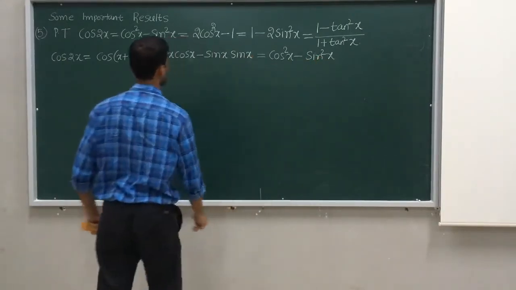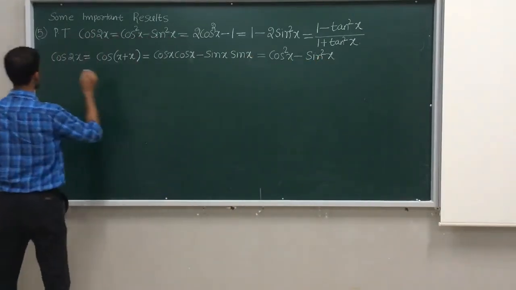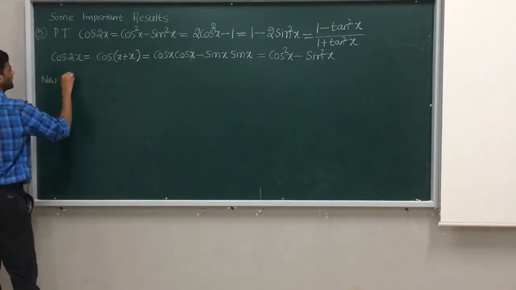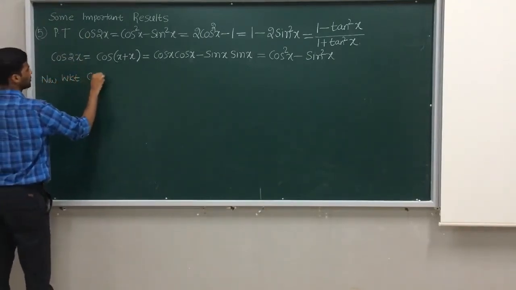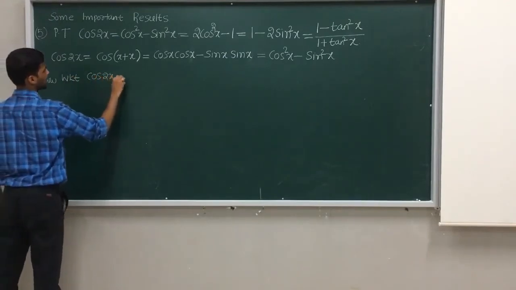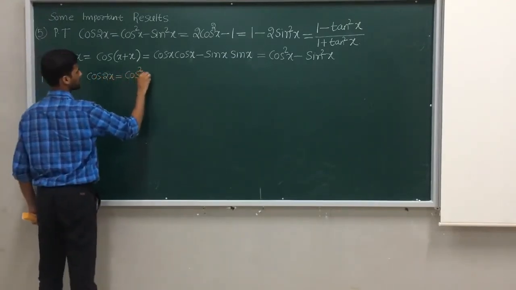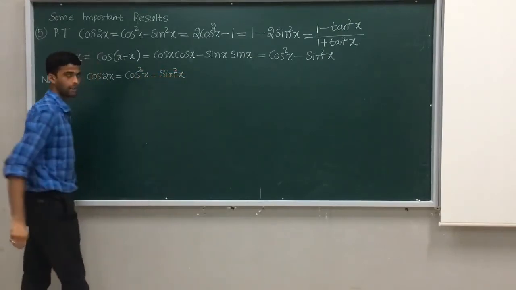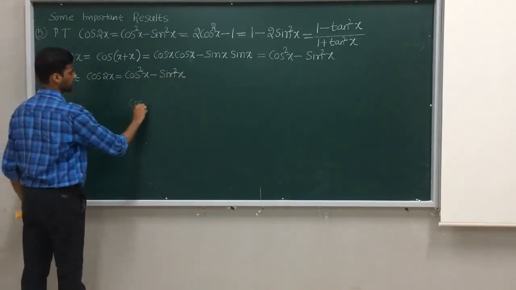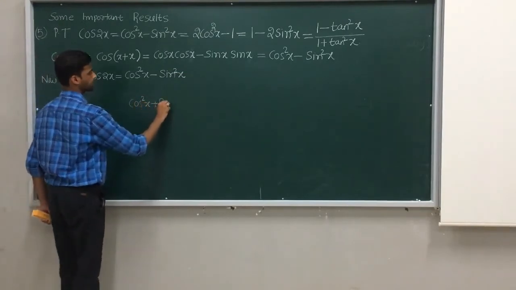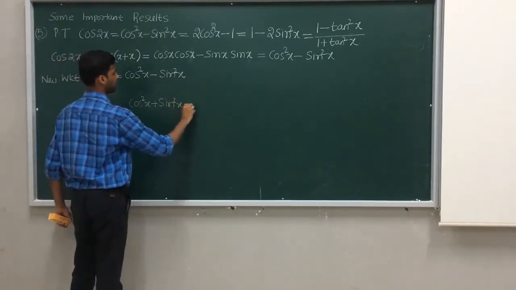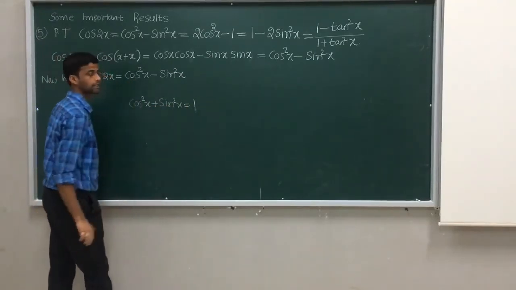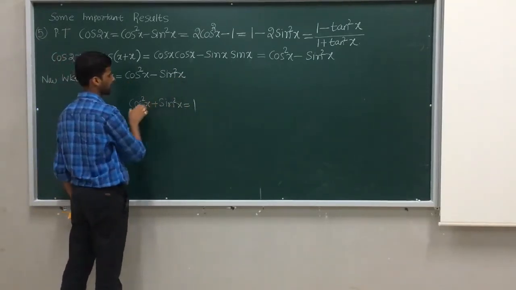Now, this is the first one. Now, we know that cos 2x is equal to cos square x minus sin square x. What will I do? I know that cos square x plus sin square x is 1. Therefore, you can write cos square x as 1 minus sin square x, or you can write sin square x as 1 minus cos square x.